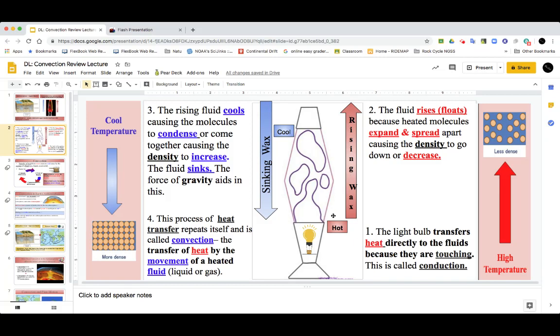Now, as that fluid or globs of wax rises to the top of the lava lamp, it's naturally now going to cool off because it's not on top of the heat source anymore. So as the wax rises toward the top of the lava lamp, it begins to cool. Now, it cools, and at that point, the molecules do something different.